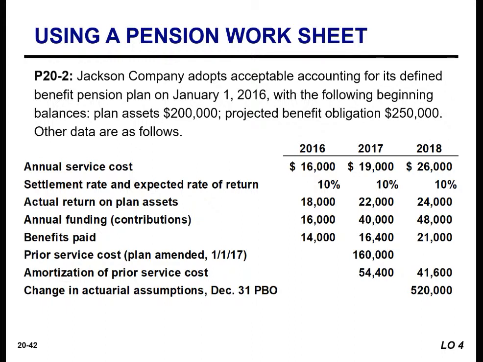I'm going to pull this information up on another screen, just in case I have to refer back to it as we're speaking. And we'll begin working the worksheet for 2016.